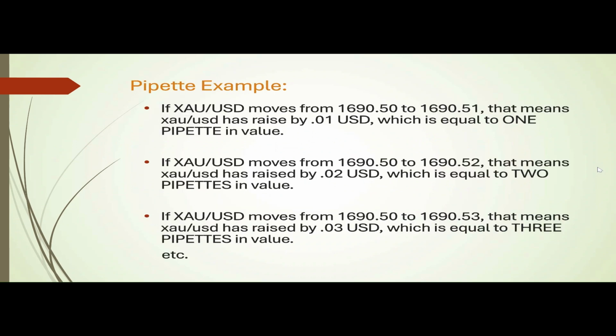Now, let's look at a pipette example. Example one: if XAUUSD moves from the current price of 1690.50 to 1690.51, the last digit has increased to 1.